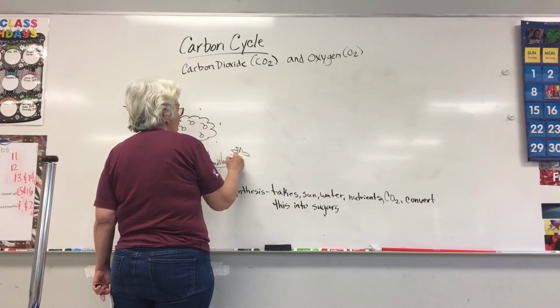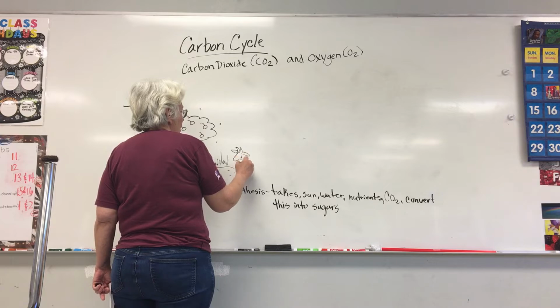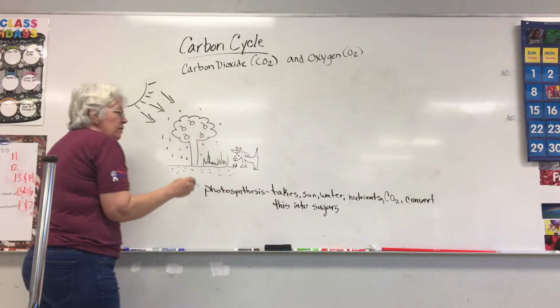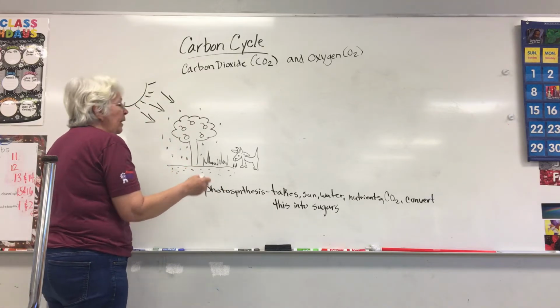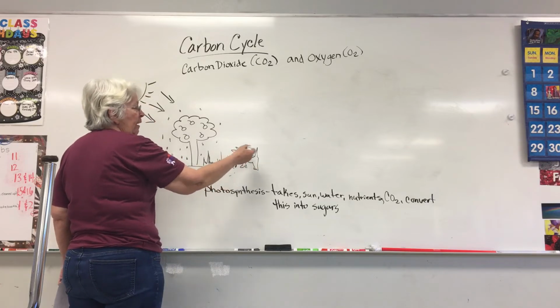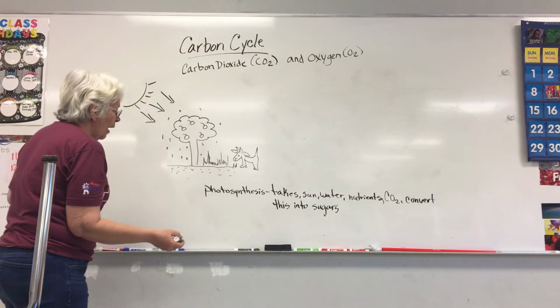Let's make a goat. Put a little tail on him. Okay, and he eats the grass, okay? And then within the grass is this sugar or carbohydrate, and that is used to fuel this animal. He converts it into something else, okay?